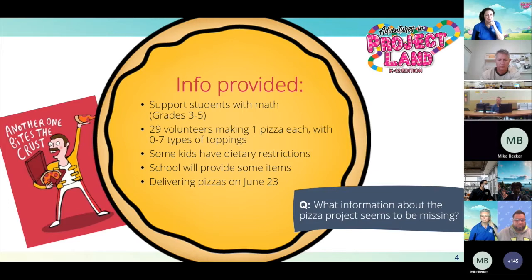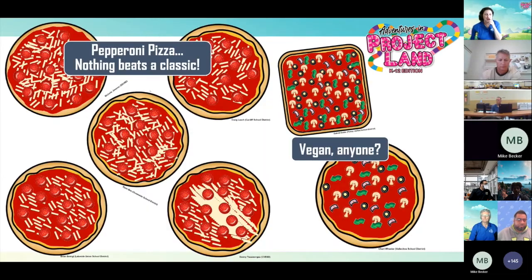Fantastic. Okay, so let's pretend that we've now made the pizzas, right? We made several pepperoni pizzas. We made a few vegan pizzas because we heard there might be dietary restrictions.